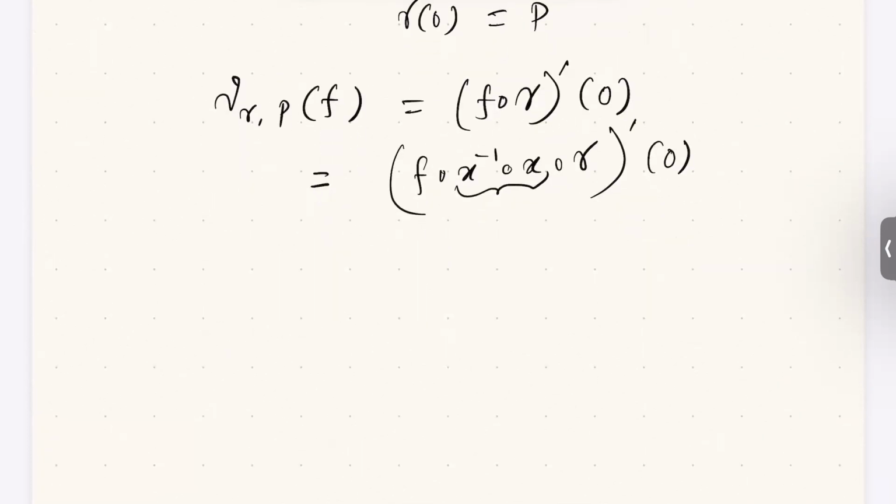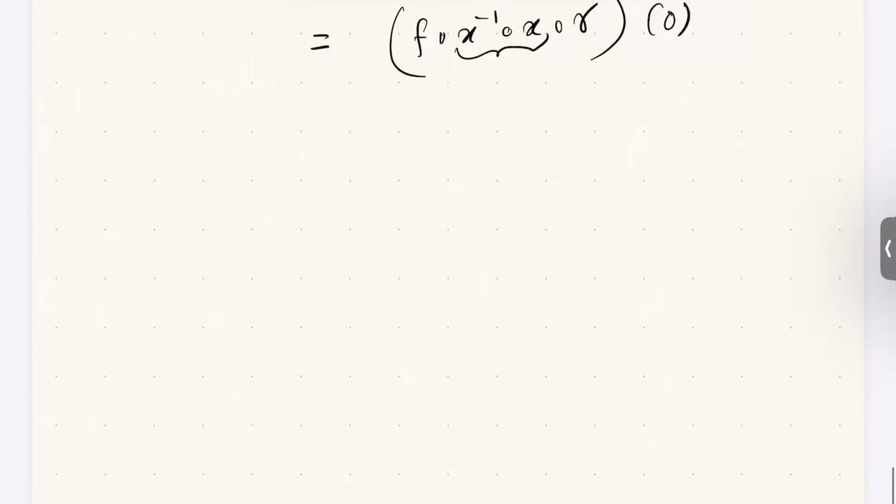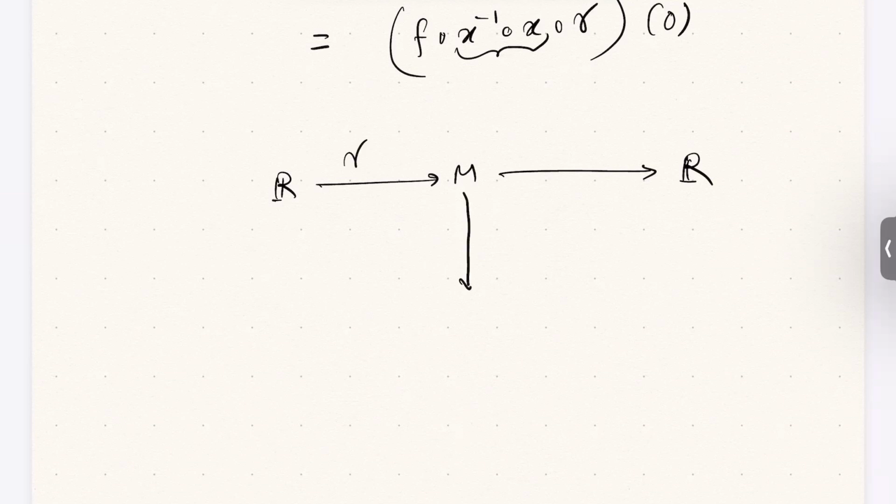And now this is just the chain rule, right? Because R to M to R, this is γ, and x is just this, and this is some R^n.